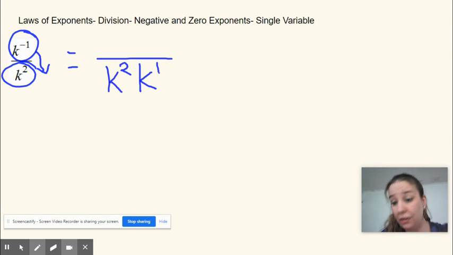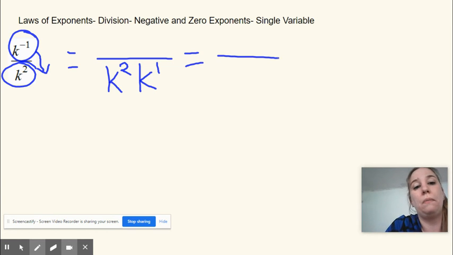When you switch the location, you're mathematically allowed to make the exponent positive. That's our goal here. We don't want negative exponents. Taking that one step further, since now these are being multiplied, you want to add the exponents. So 2 plus 1 is 3. So you get 1 over k to the third.